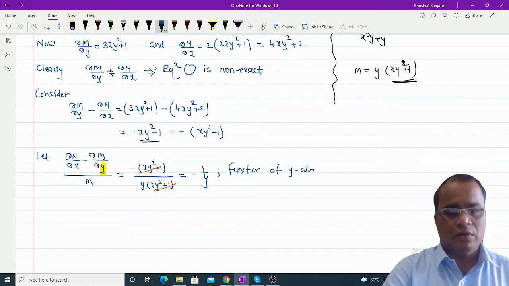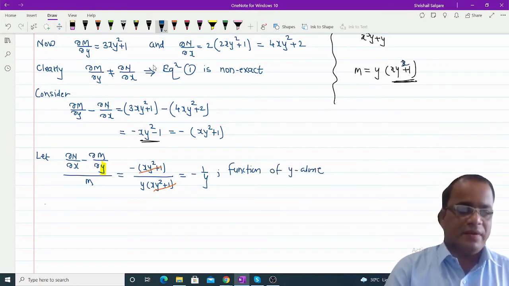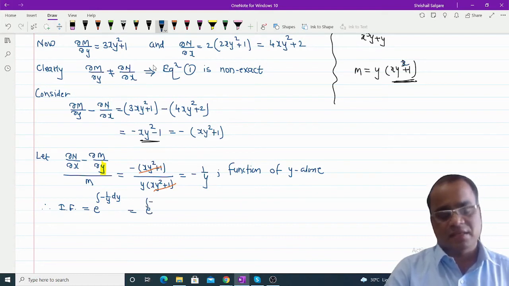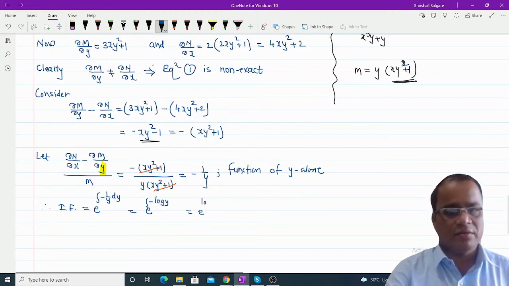So that's why the integrating factor is given by e to the power integration of minus 1 upon y dy. That is e to the power integration of minus, what is the integration of 1 upon y? It is log y. Here I do not have to write the integral sign, already I am taking the integral.